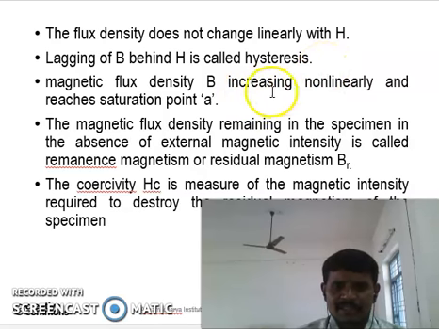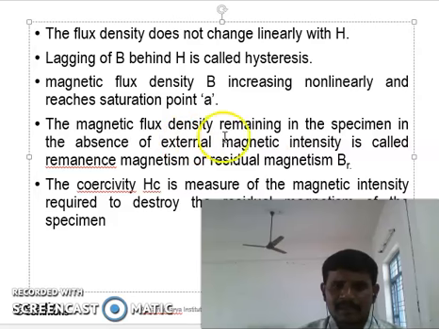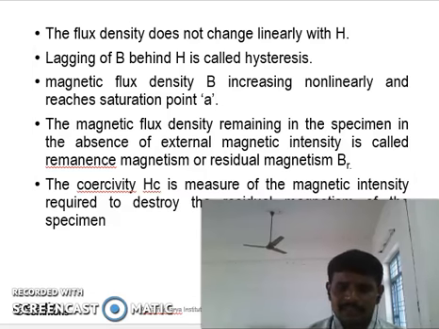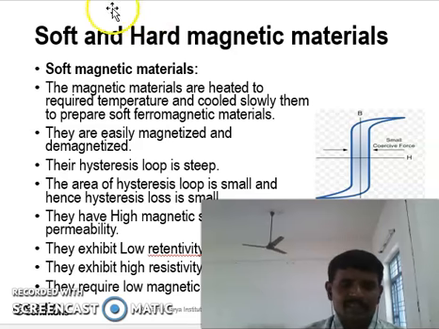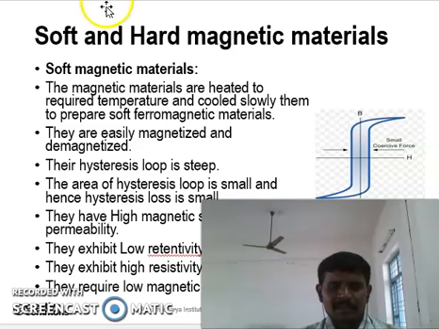The magnetic flux density increases non-linearly and reaches saturation at point A. The magnetic flux density that remains in a specimen in the absence of the field is called residual magnetization. The coercivity means the magnetization becomes zero in the negative magnetic field.